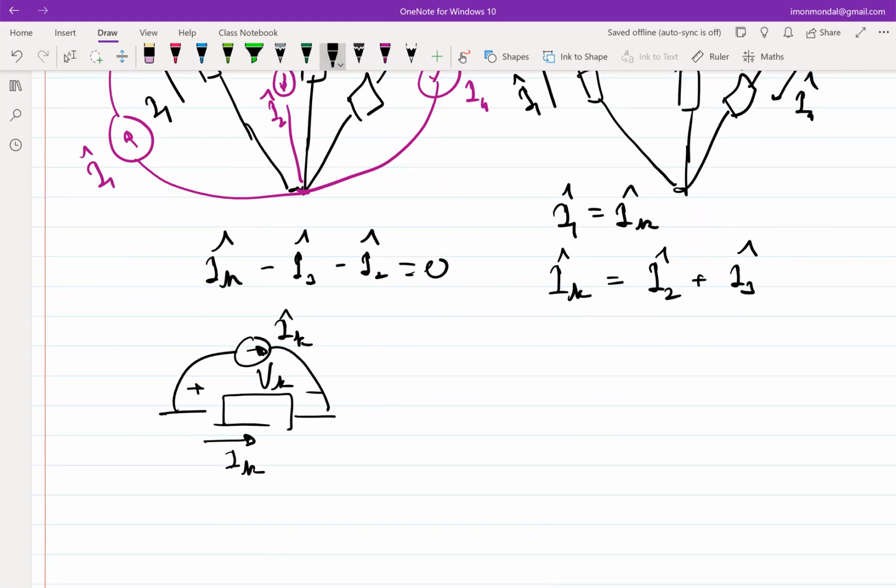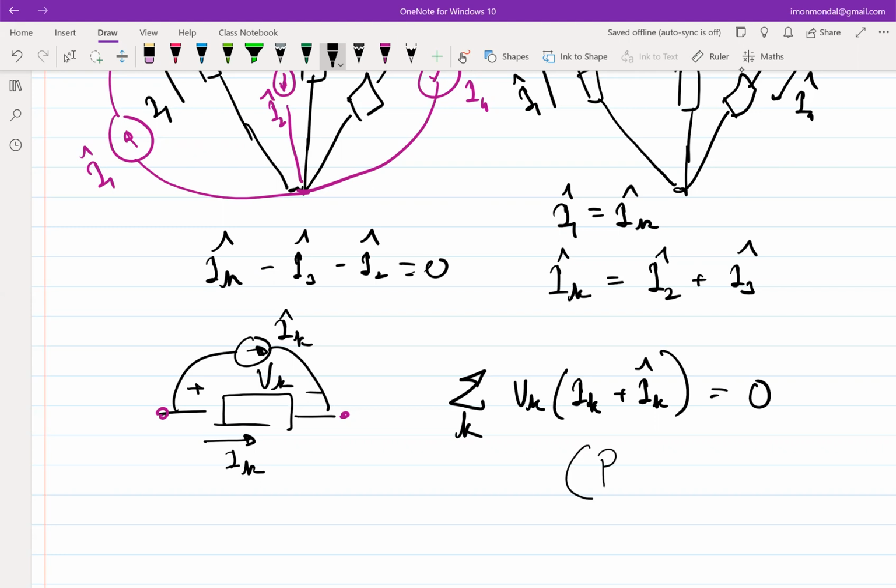Similarly, we'll have a parallel combination of these new current sources for all the branches. So I will add up the power dissipated between each of those terminals. So what will the new equation be? The new condition will be the summation of Vk times (Ik plus Ik hat) over all k equal to 0. This is for power conservation in the new network.